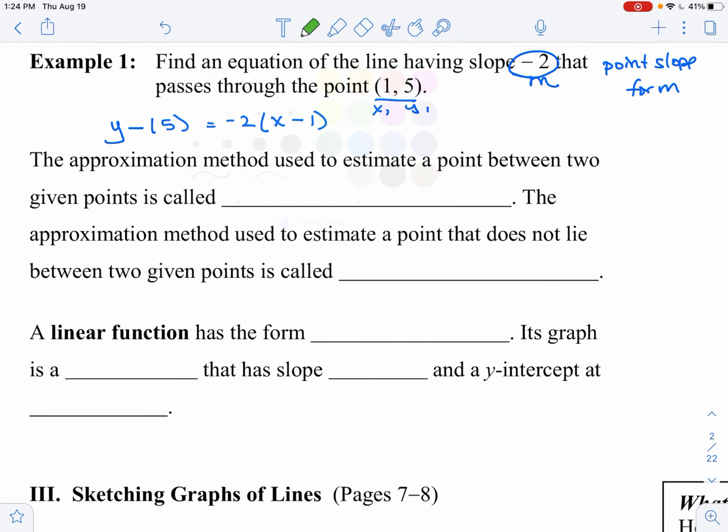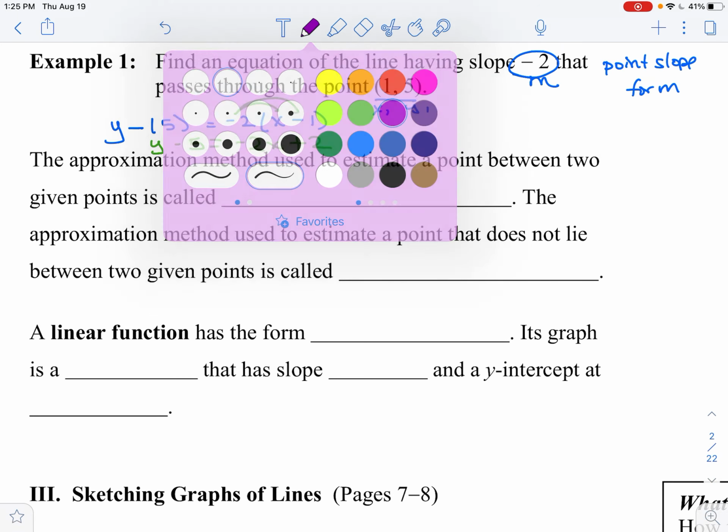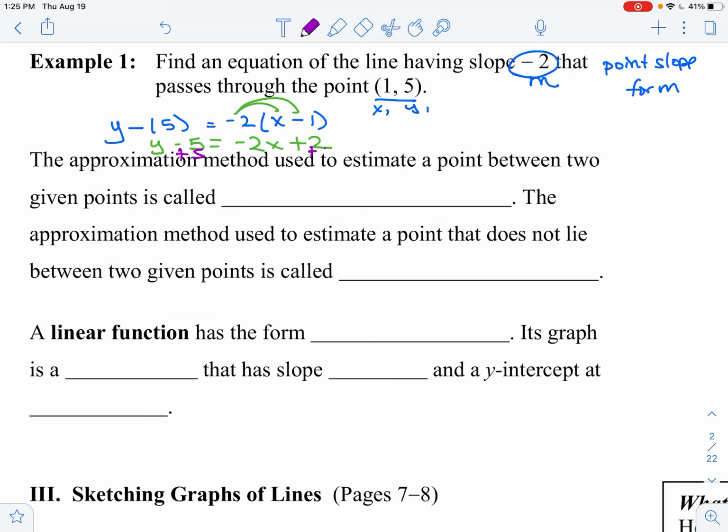You can distribute this to simplify it, and we get -2x. -2 times -1 is +2, and we get y minus 5. If I add 5 to both sides, we end up with y equals -2x plus 7.